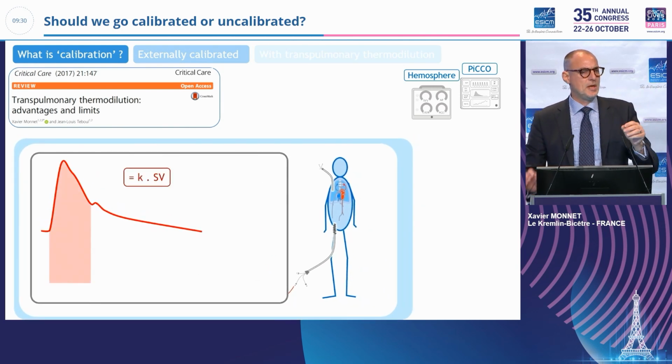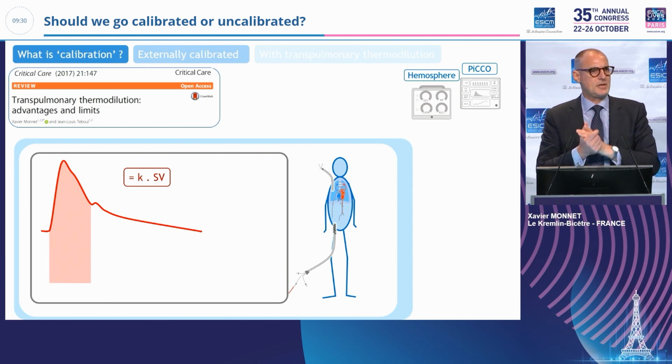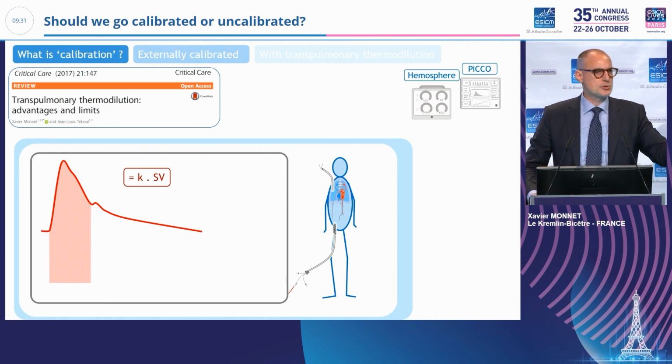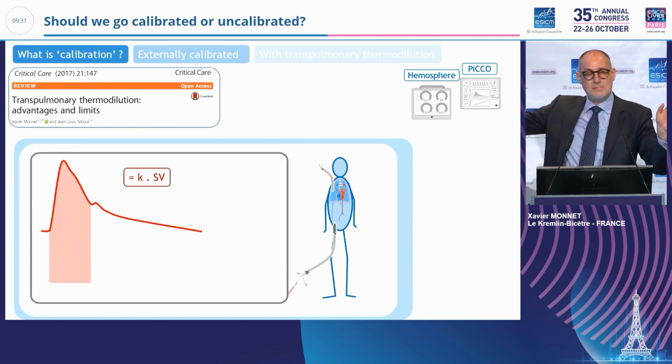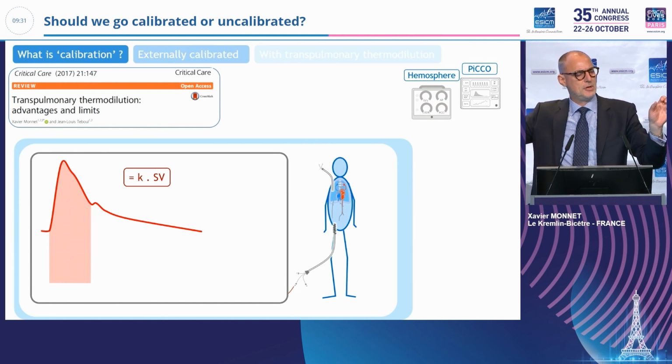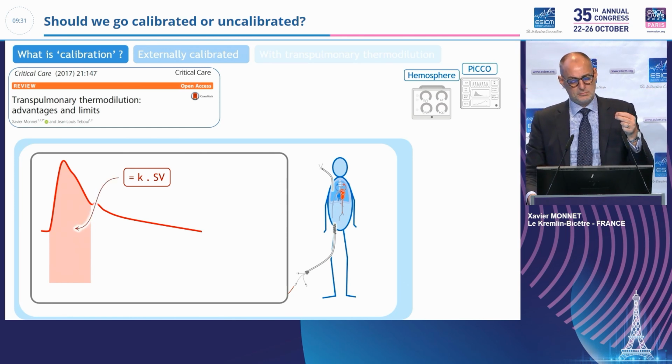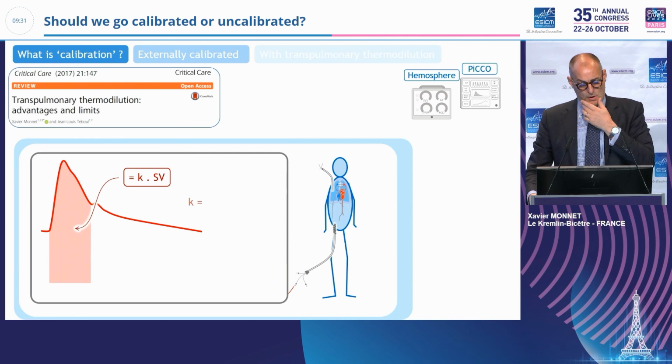What does it mean? They use the three-element Windkessel model. Roughly, stroke volume is proportional to the area under the systolic part before the dicrotic notch. But of course, it's not equal. There is a calibrating factor. Okay, it's the ratio of stroke volume to the area.